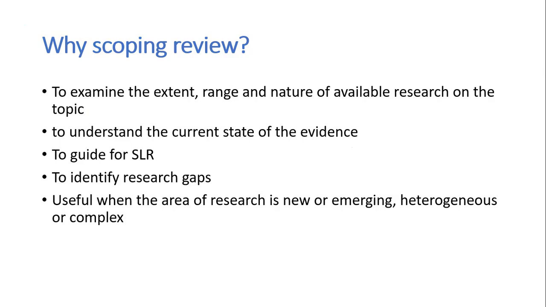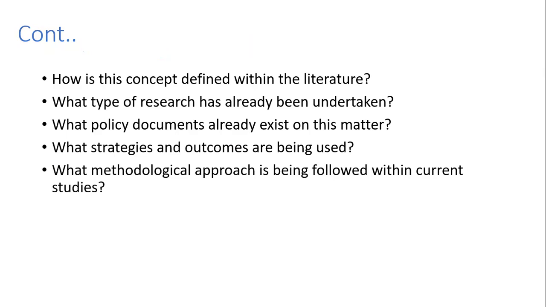Now, next is what type of research questions you can get answers to by conducting the scoping review. What kind of questions? As you can see on your screen, you may want to see how a particular concept has been defined within the literature. Scoping review is the best one to answer these questions. What type of research has already been undertaken? On a particular topic, you want to see what kind of research has already been undertaken.